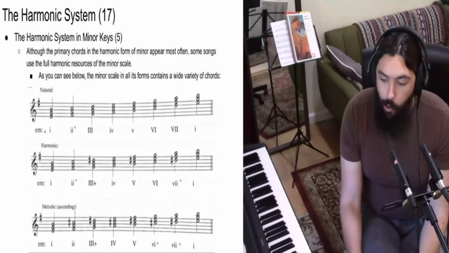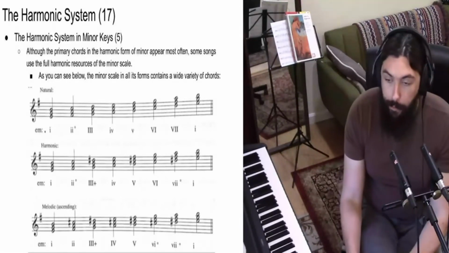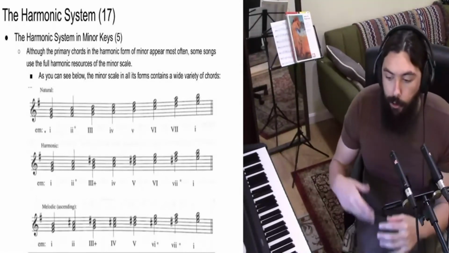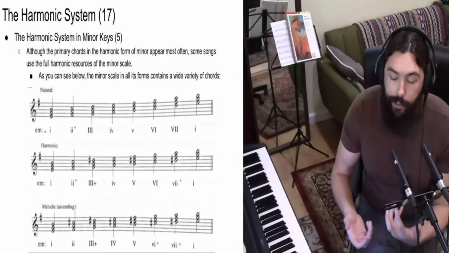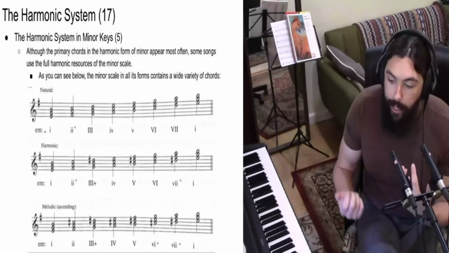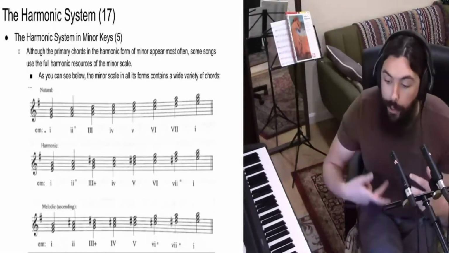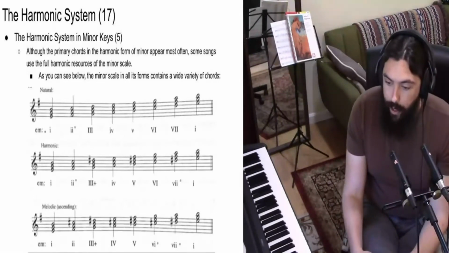Keep in mind that although the primary chords in the harmonic minor form appear most often, some songs use the full harmonic resources of the minor scale, right? Meaning they might use the natural minor or melodic minor forms of the minor scale.